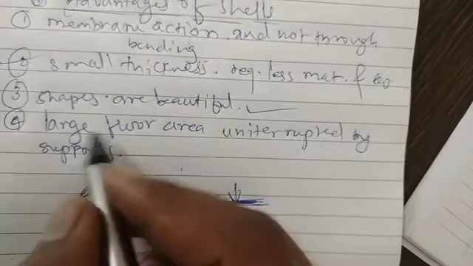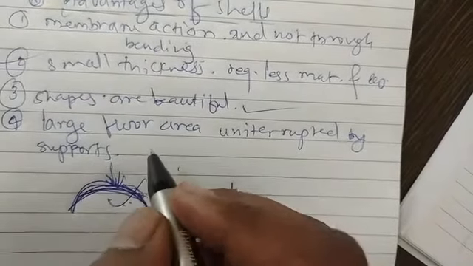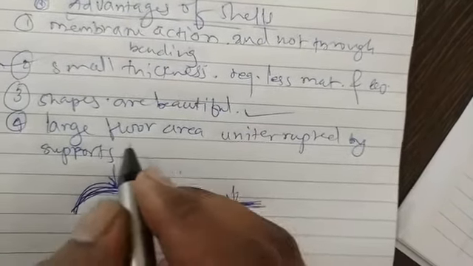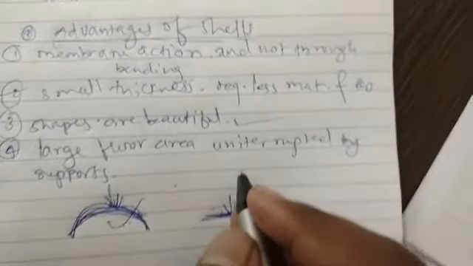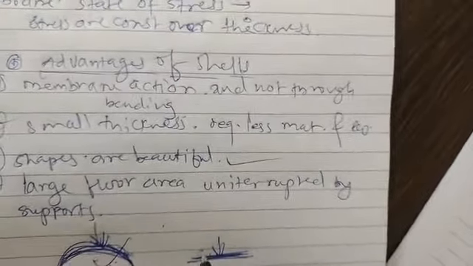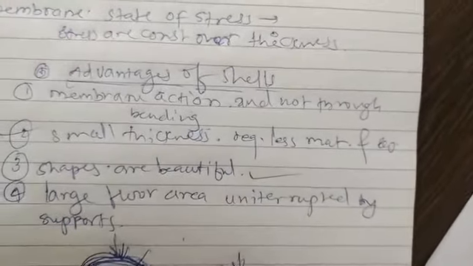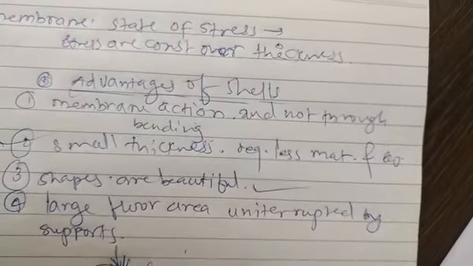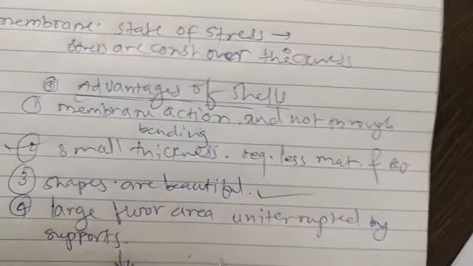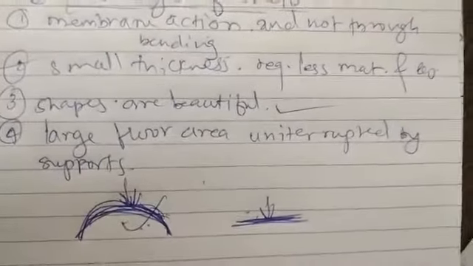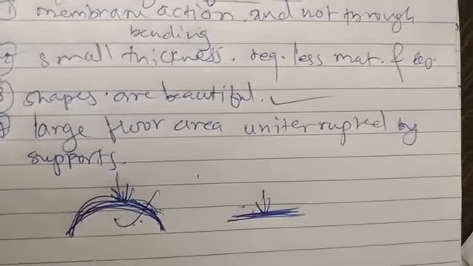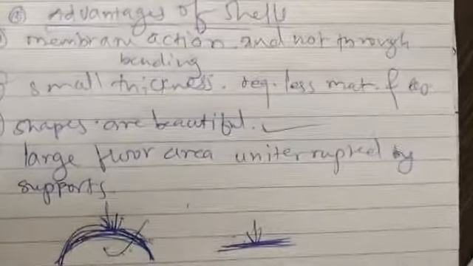Next, large floor area is available. Nowadays everyone demands large floor area which will be uninterrupted by supports. Many times the owner of the structure demands uninterrupted area. So at that time we can go for this option.